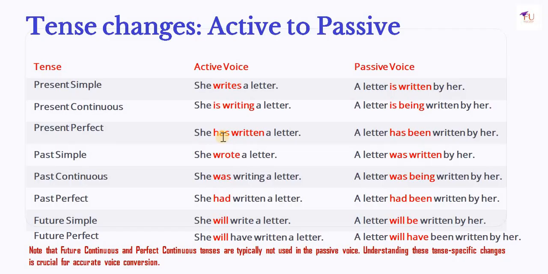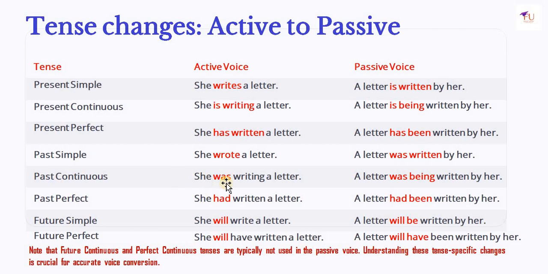Present perfect tense: the helping verb is has, and this has will be converted into been, has been. Then past simple tense: she wrote a letter. So it would be: a letter was written by her, with the third form.